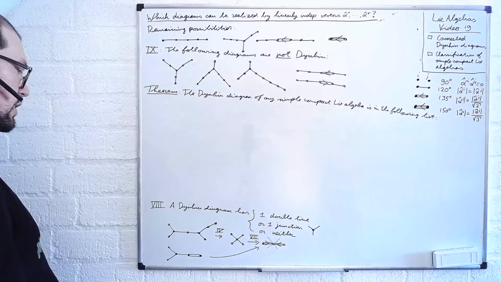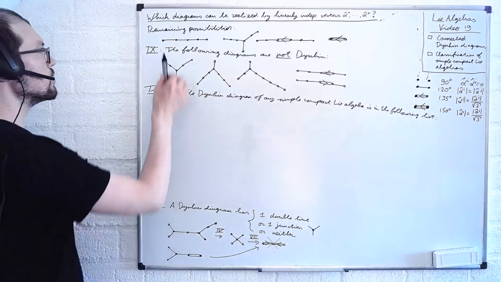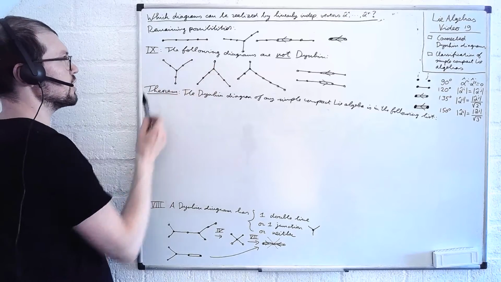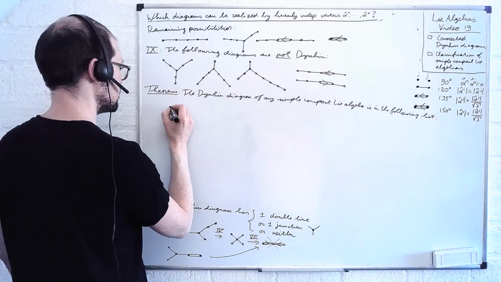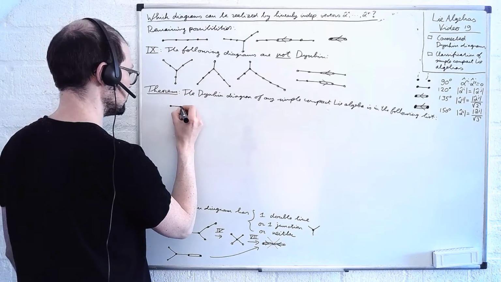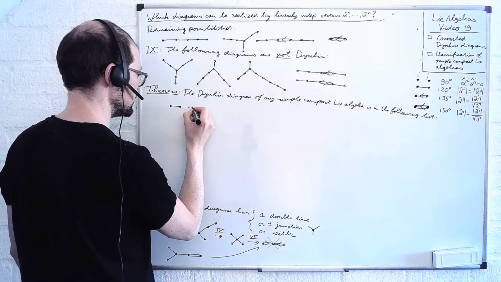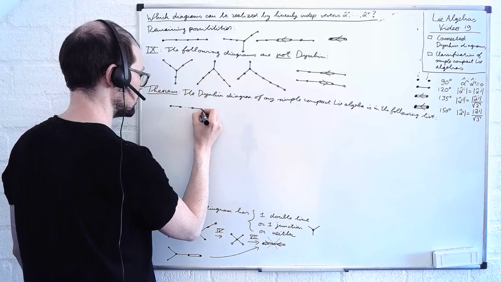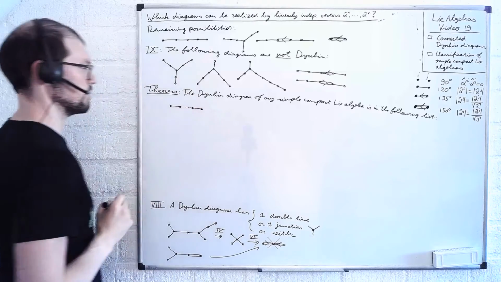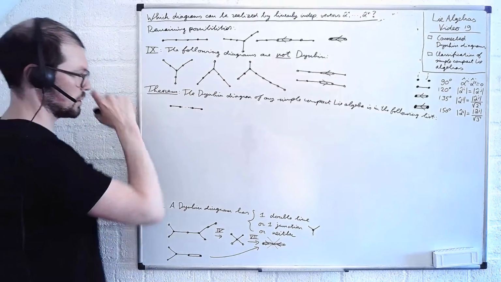So let's nicely group them up. The simplest possibility is having this line. So we have an arbitrary number of nodes here.